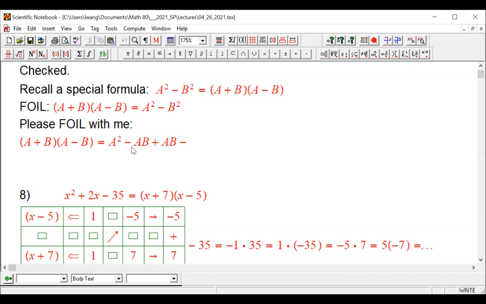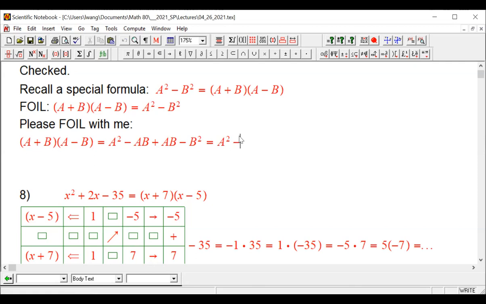And b times negative b is minus b squared. And over here, the minus ab and plus ab will make 0. So in the end, we get a squared minus b squared.